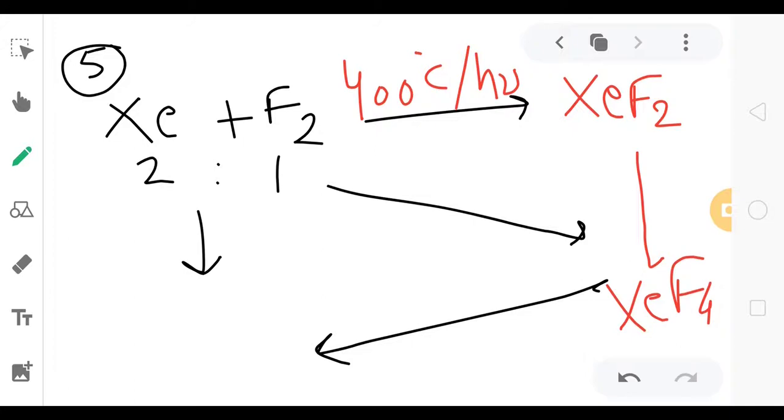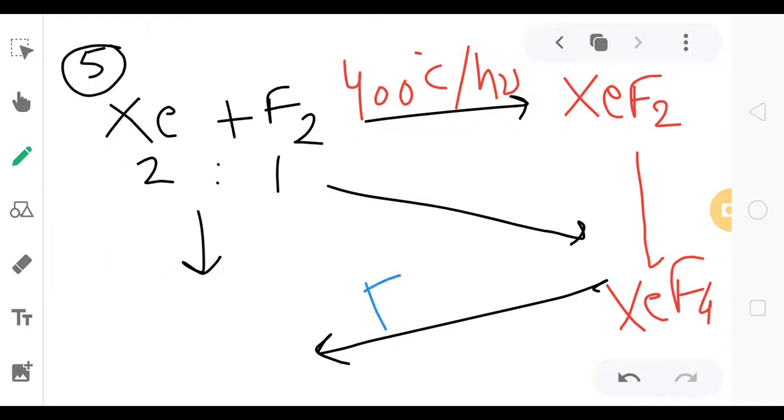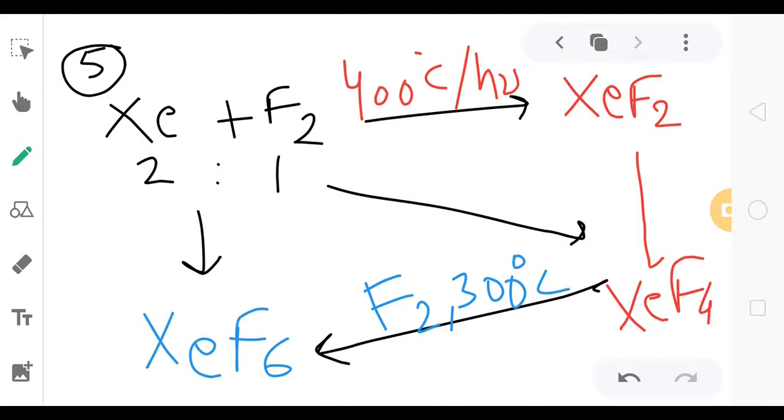Now if you increase, or say if you add fluorine from outside and maintain the temperature up to 300 degrees centigrade, then you get the hexafluoro compound, the hexafluoroxenon compound. If you add more fluorine to your reaction mixture, then you again get the hexafluoride.